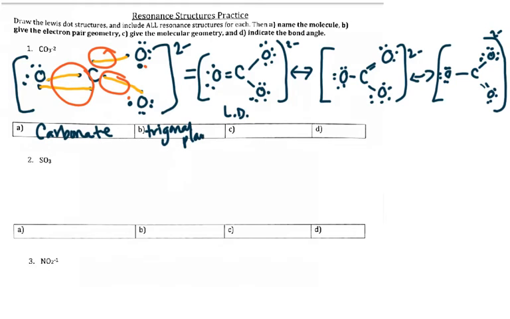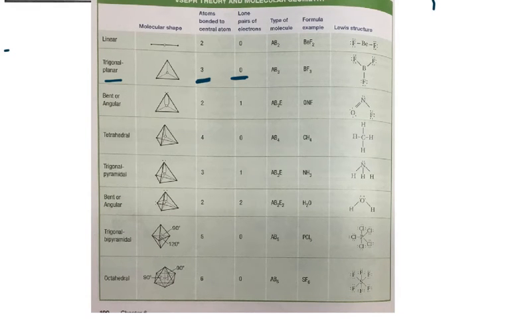Your electron pair geometry and your shape are going to match if there's no lone pairs on the central atom. If there are lone pairs on the central atom, that's where you start naming it other stuff, like here and here. Those are all things where this is my electron pair geometry, and then this would be my shape if I had a lone pair instead of a bond.